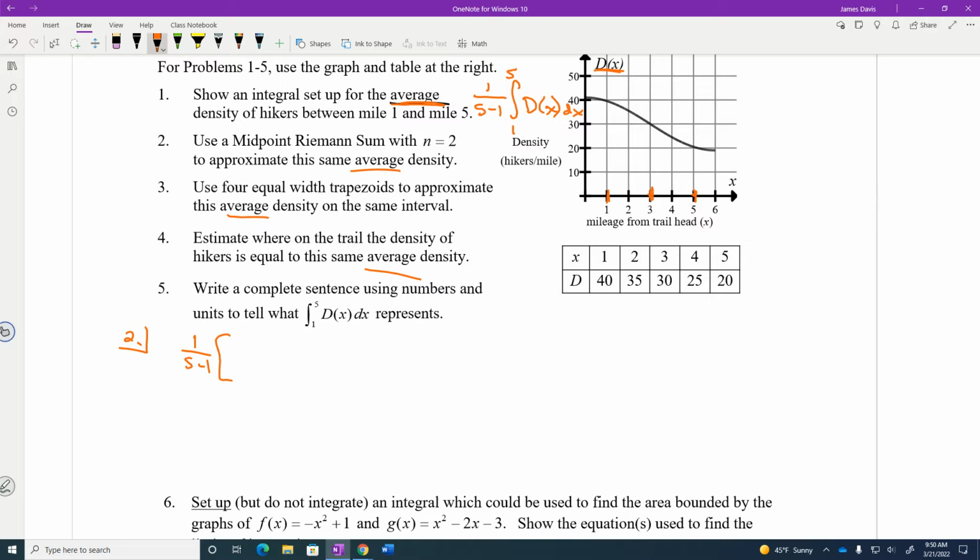And then since it's a midpoint, we want to find the middle of that interval, and that's going to represent our height. Didn't ask us to draw it, but it's helpful to see it this way. And then this other one, 4, is going to give us the midpoint. And drawing it can help you figure out how to write these as well.